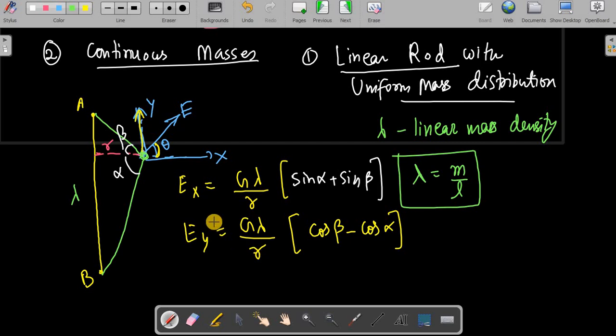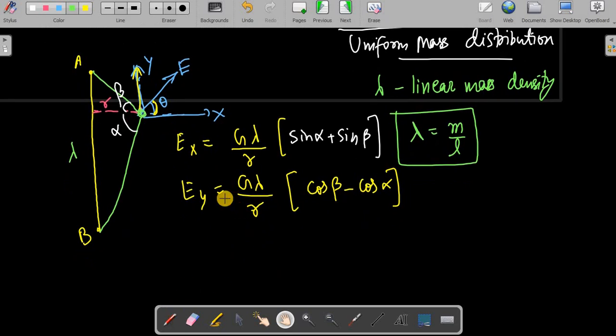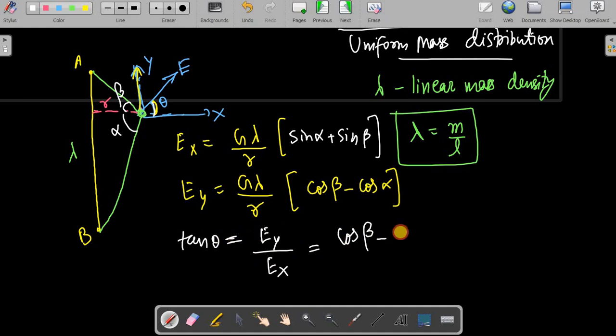This formula you can remember, you can derive it also, and note that I am writing only the magnitude. So tan theta can also be calculated as Ey by Ex, which will become cos beta minus cos alpha by sin alpha plus sin beta.